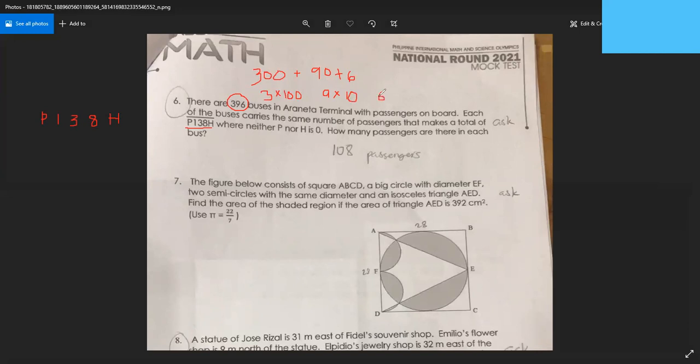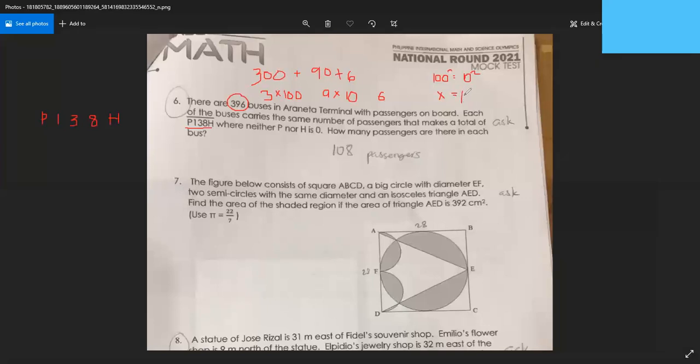Now, how are we going to use algebra here? We know that 100 is 10 squared. So we can say that let x be equal to 10.